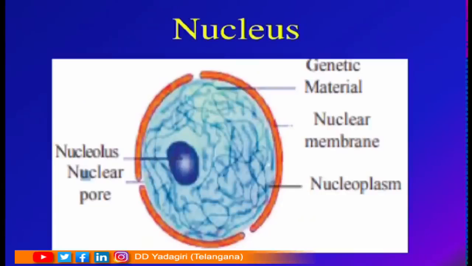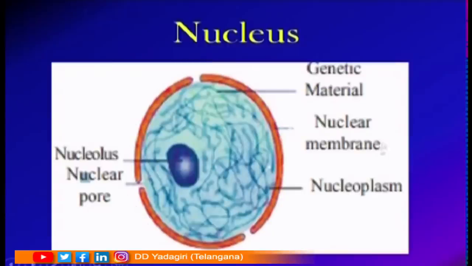Let us study in detail about the nucleus. This is a nucleus, which consists of a nuclear membrane. Inside the nucleus you can see a fluid called nucleoplasm, and this nucleoplasm contains the genetic information, that is, the chromosomes in the form of a chromatin network. We also find the nucleopore.